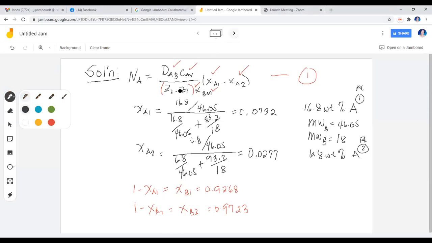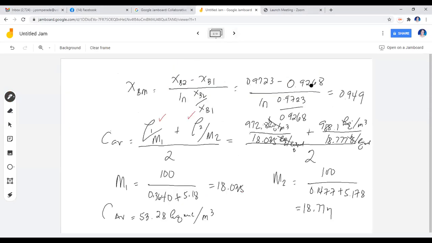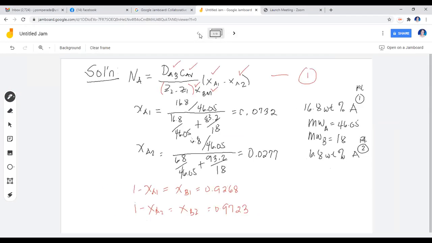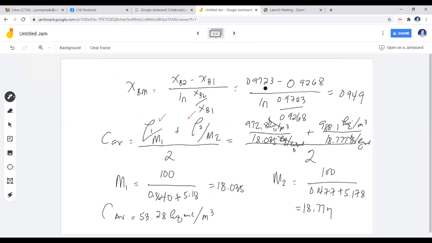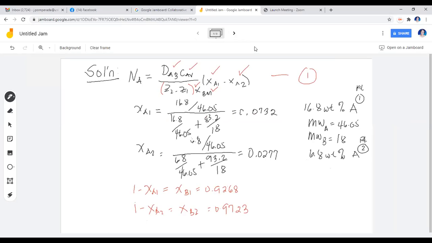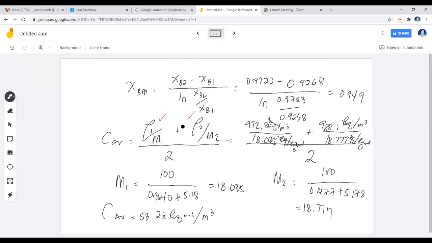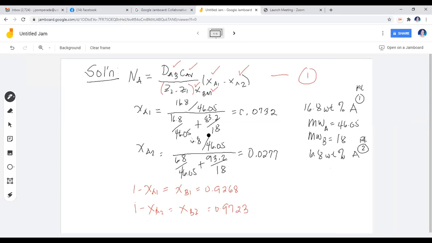So we will change this one. 0.9268, 0.9723. Okay. And then you have this is 83.2 divided by 18.